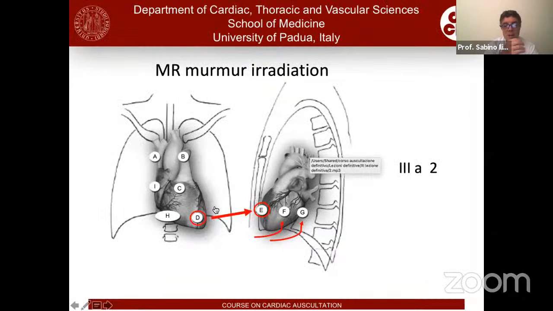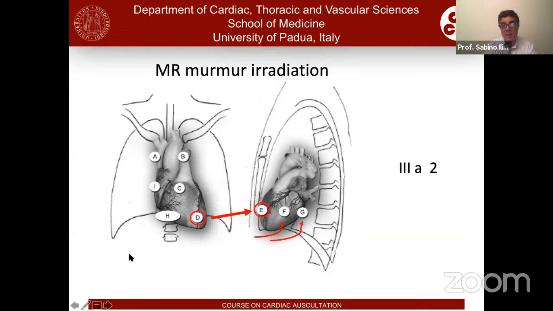Let's put this so that it helps us. Let's suppose that you are dealing with mitral regurgitation. In the majority of instances, the maximum intensity is on D, and then there is the irradiation. Sometimes, and it's not rare, if there is a flail leaflet, for example, of the posterior leaflet of the mitral valve, as I showed you, the irradiation is through the posterior wall of the aorta, and therefore goes to C and A. So this is not rare.